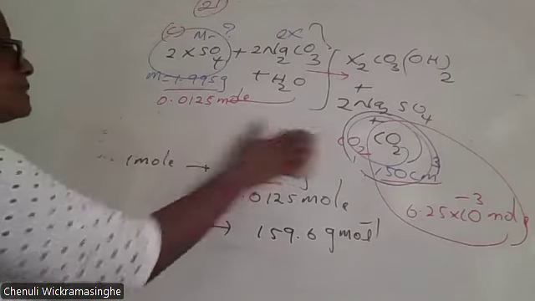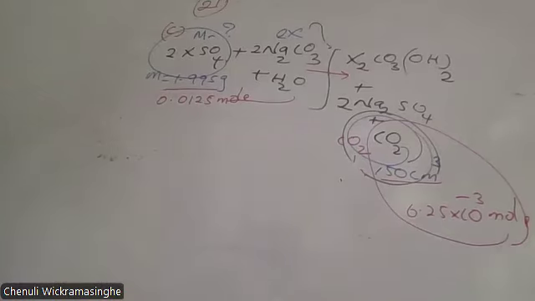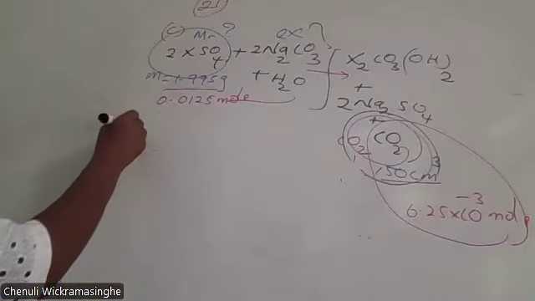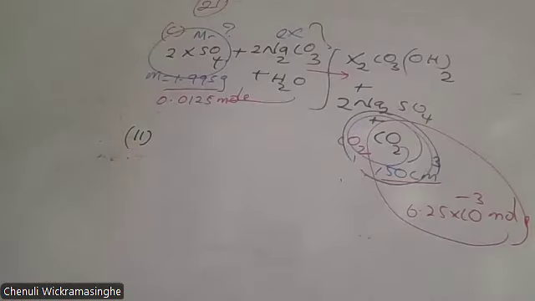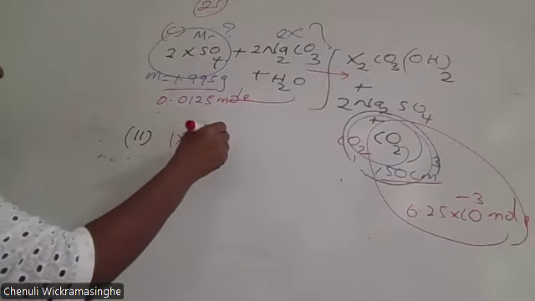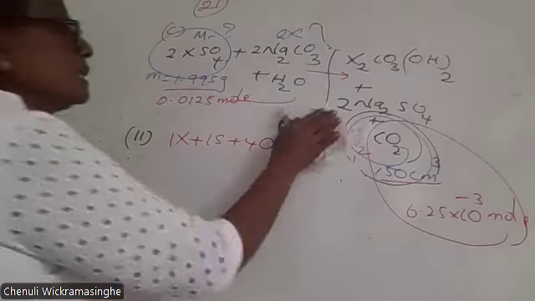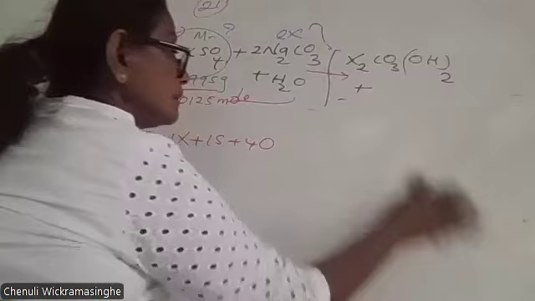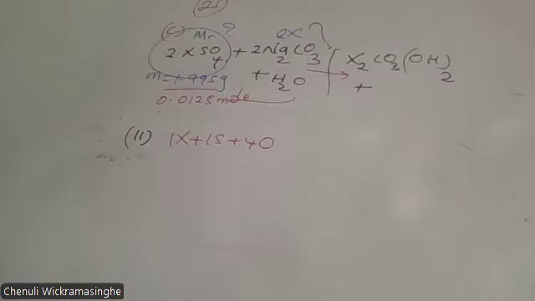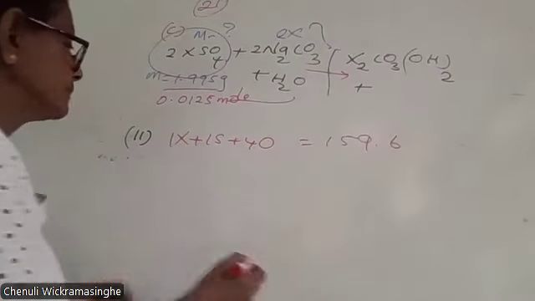The very last, the second point of the question, having known that the molar mass is 159.6, you are asked to deduce the identity of X. So you can say 1 X plus 1 sulfur plus 4 oxygen. The molar mass is 159.6.